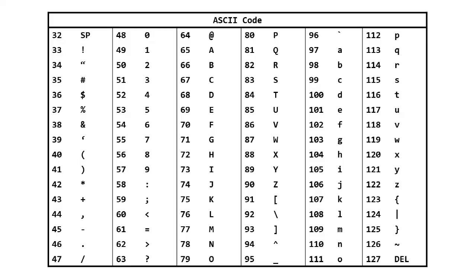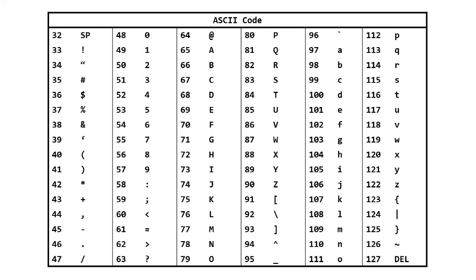Here is the table of the ASCII code numbers for the characters on a keyboard, and this pretty much includes all of the characters that could be on a keyboard, including number 32 is the space, 33 is the exclamation point, and then you have other punctuation.